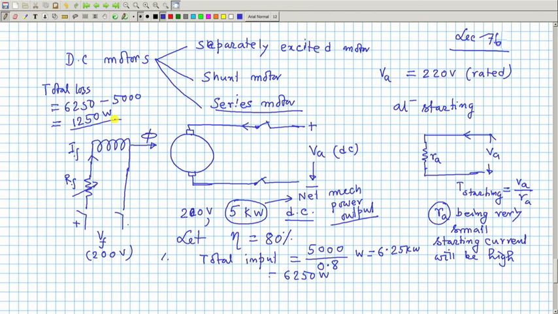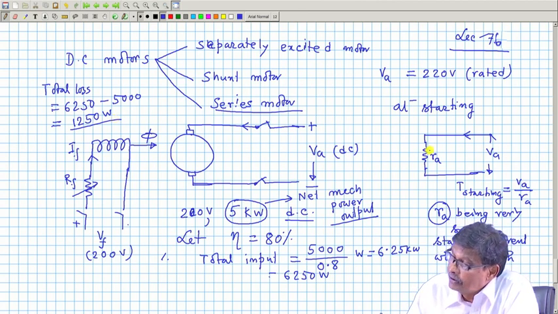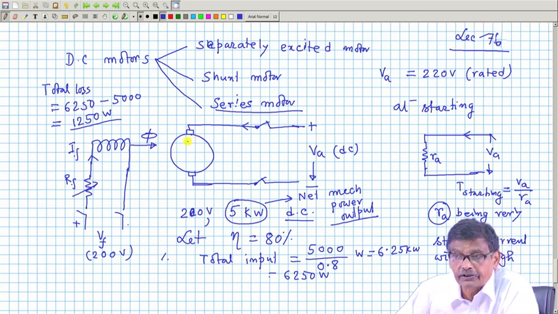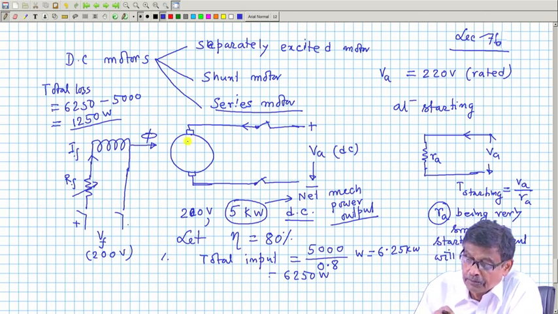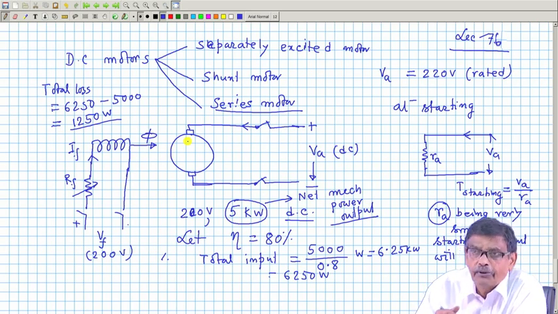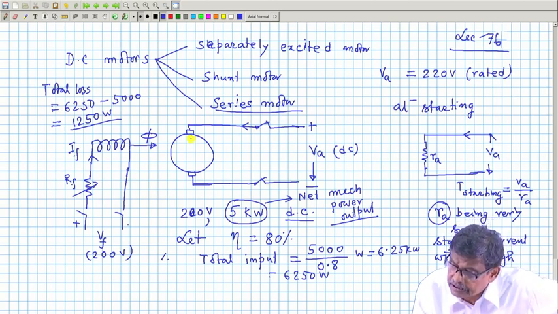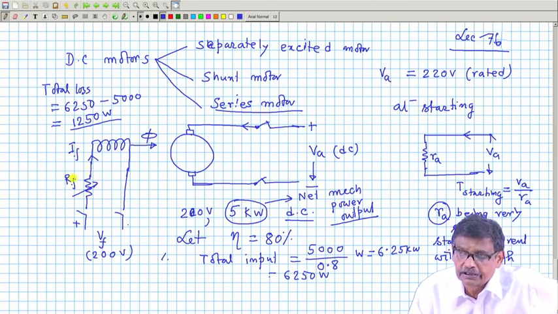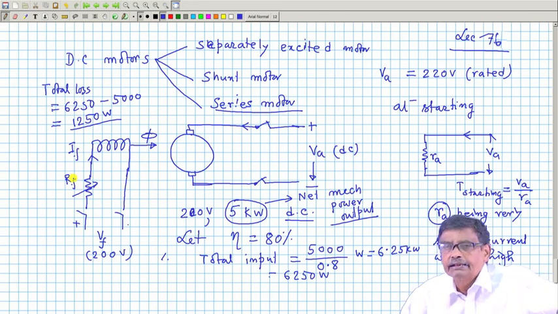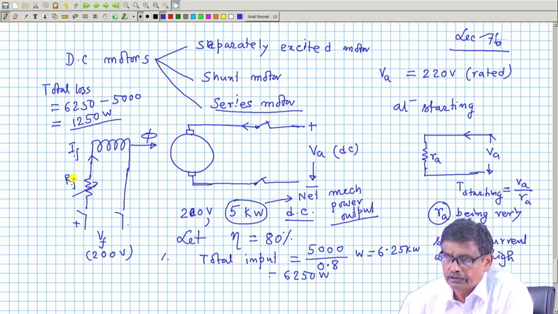Total loss comprises of what? There will be some copper loss, Ia square Ra, because the armature has resistance. There will be some field copper loss, If square Rf. We will tell you about efficiency in much detail later, but as a common user, there will be an armature copper loss and a field copper loss. And not only that, there will be another called rotational loss.